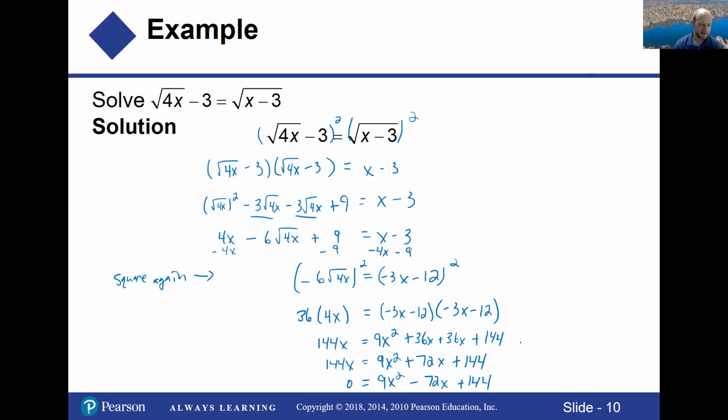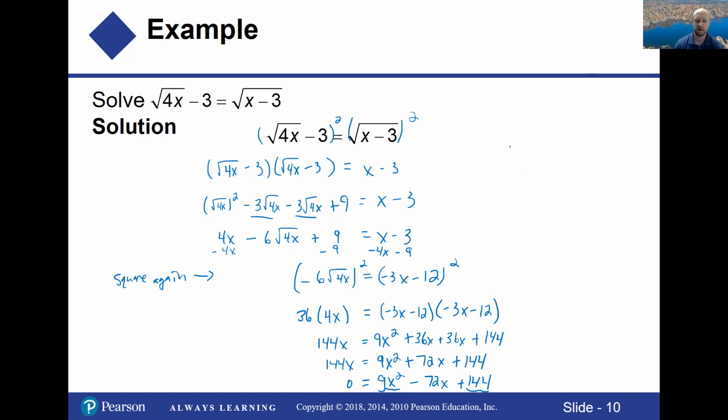And now I can take this and I think I can factor it. And you know what? This is a perfect square trinomial. How do I know that? Because this 9x squared is a perfect square, right? 9 is a perfect square, x squared is a perfect square, and 144 is a perfect square. So what is the square root of 9x squared?